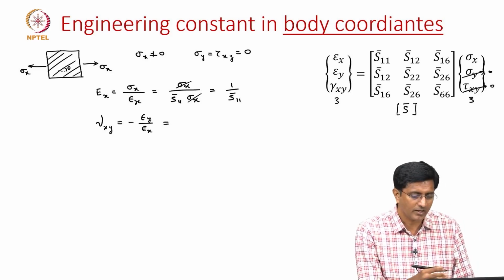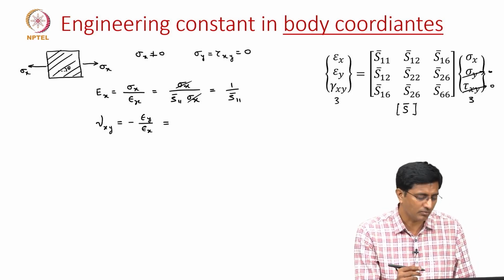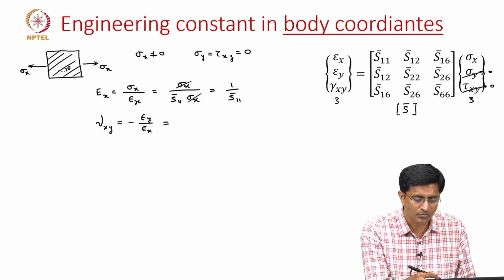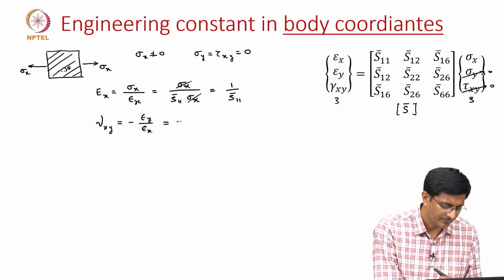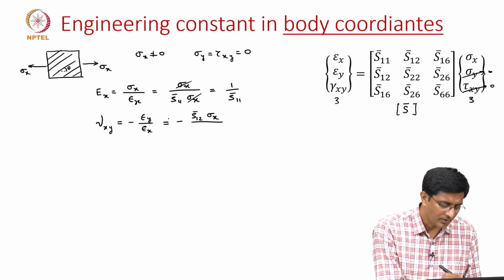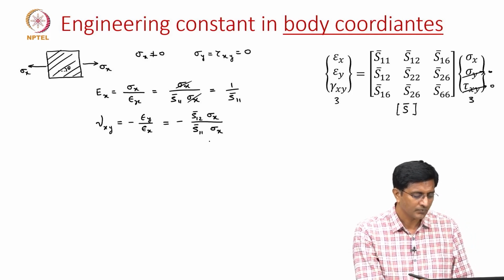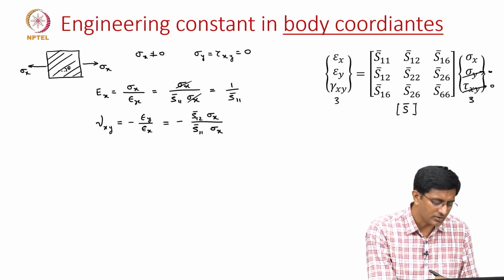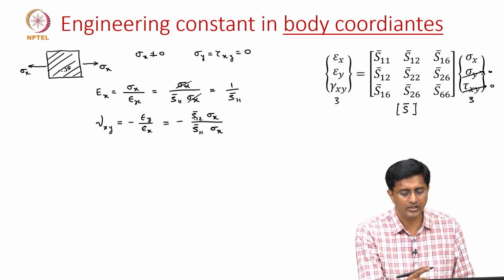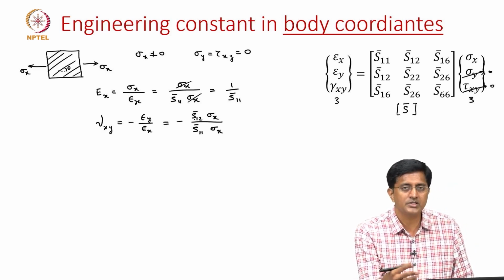Now let us see how we can write this in terms of the transformed compliance matrix. So epsilon y is S12 bar times sigma x, and epsilon x we have already written in the previous equation as S11 bar times sigma x. Here I could have also written S21, but we already know that the stiffness matrix and the compliance matrix are symmetric.